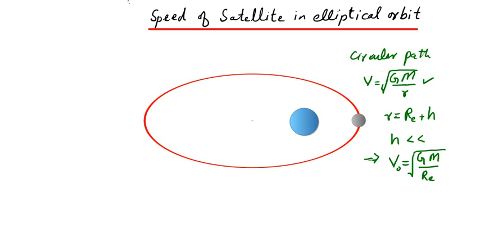So we need to modify this equation, because this is an ideal case, and the realistic approach is to define the speed for the elliptical orbit.